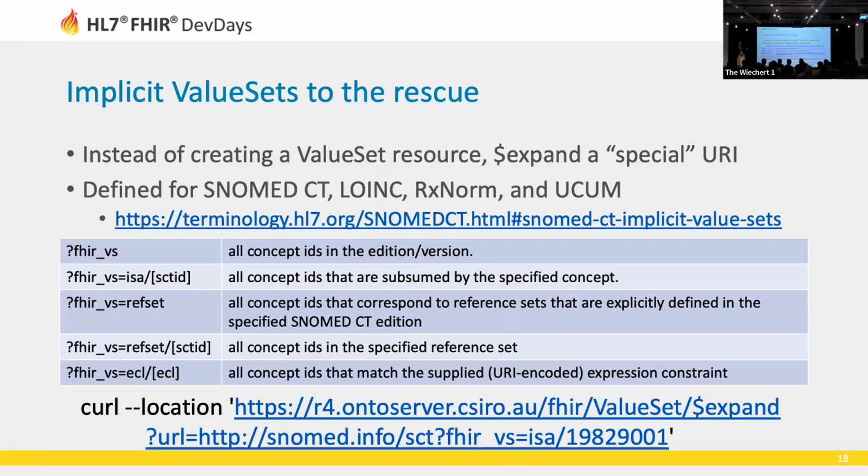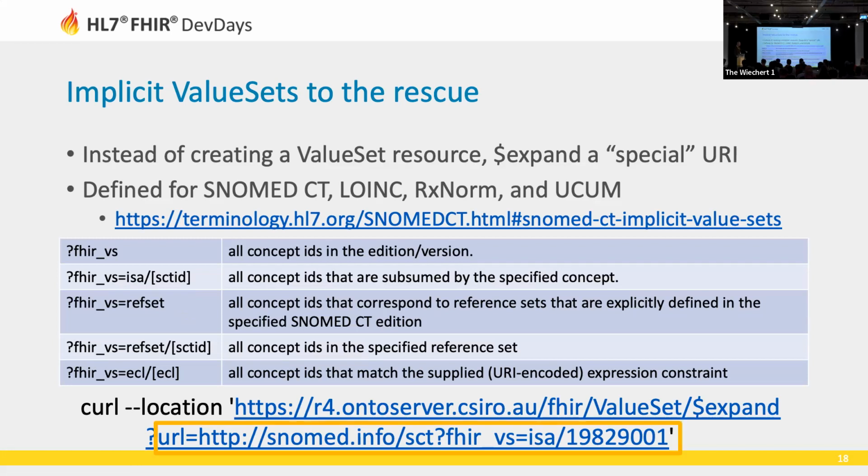So you can access those all immediately as implicit value sets without having to redefine a value set explicitly for each one of those reference sets. So you use the pattern that's down here. The one above that is an implicit value set that you can use to say, what are all of the reference set concepts? What are all the IDs that are reference sets in this edition of SNOMED? And it will return all of those reference sets that you could then use in the request below.